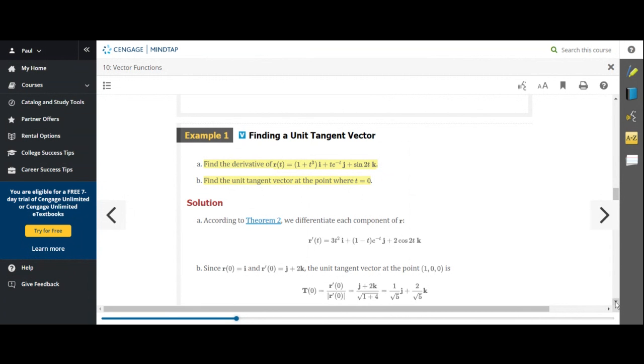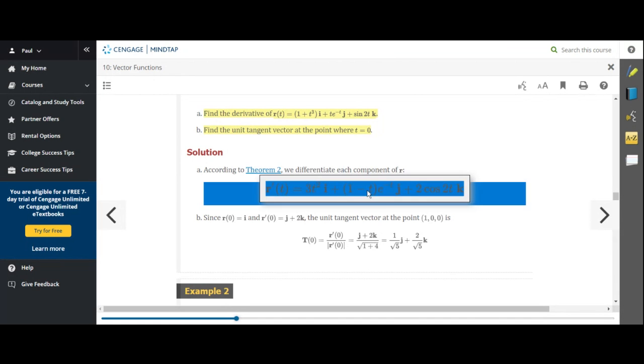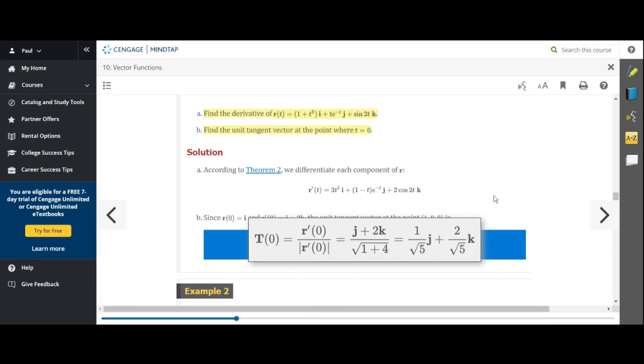So if we want to find the derivative of the position vector, you just take the derivative of each component, and that's the derivative of your position vector. On the other hand, if you want to find the unit tangent vector at t equals 0, anytime you have a vector and you want another vector that points in the same direction but has length 1, you just take the vector and divide by its length.